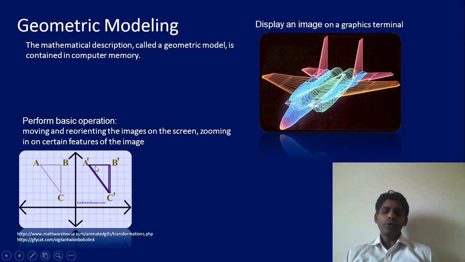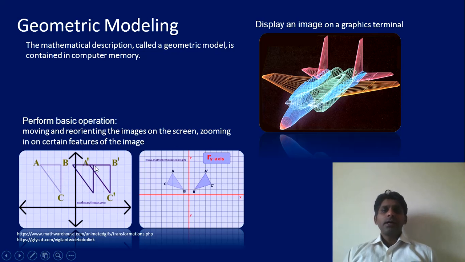Like this, we may want to move a complex object, even that is possible in the softwares. We may want to reflect a particular image, like we may have a symmetric image wherein the right half may be similar to the left half. So what can be done is only half of the model can be modeled in the software, and the rest can be reflected on a particular axis.